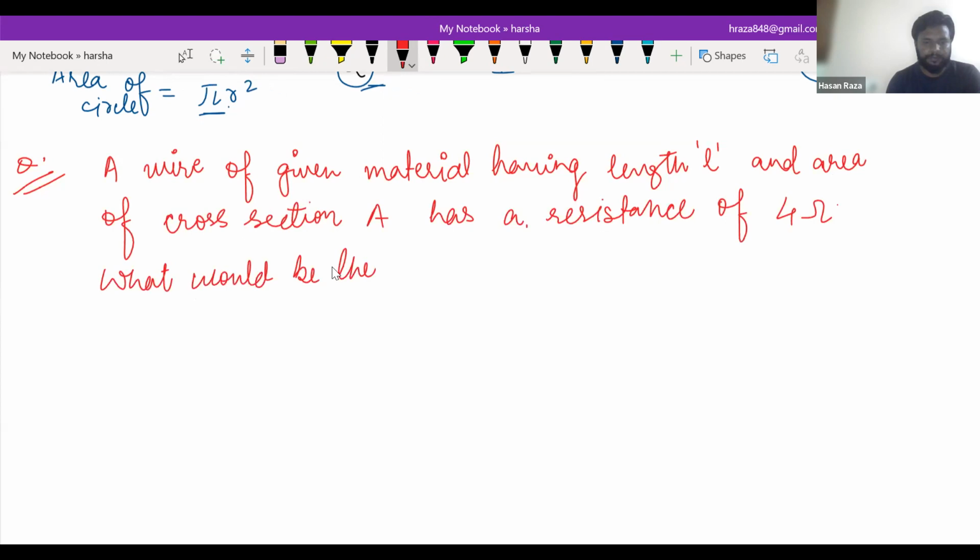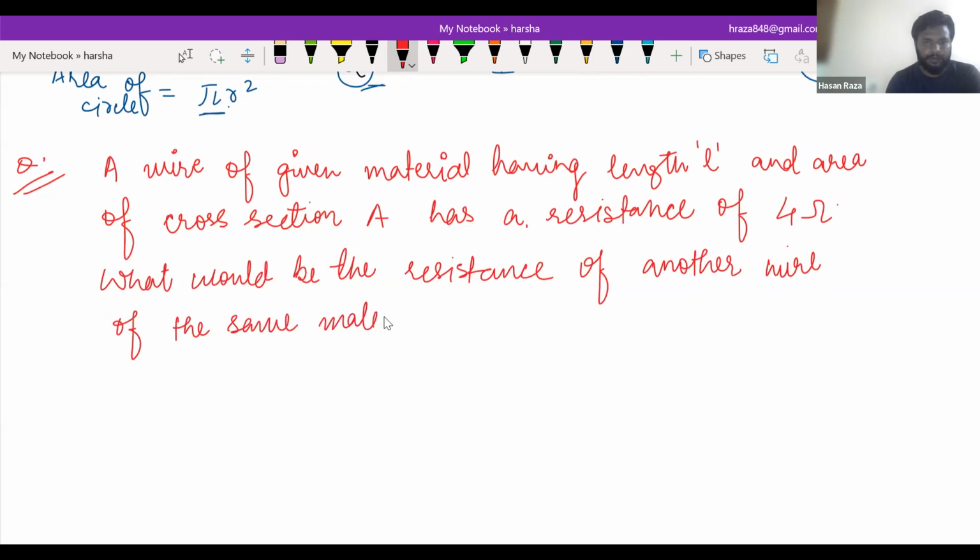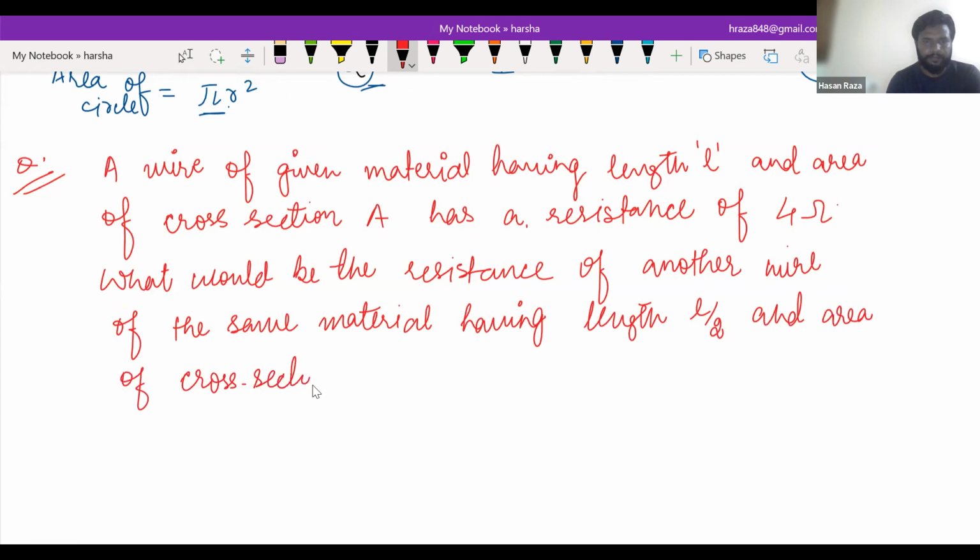What would be the resistance of another wire of the same material having length L by 2 and area of cross section 2A?